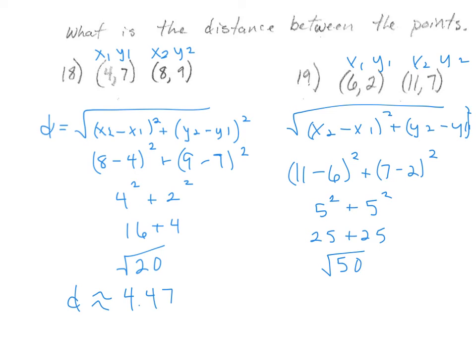And so I have the square root of 50, which is 7.07. So D is approximately 7.07. And that's how you would do 18 and 19.